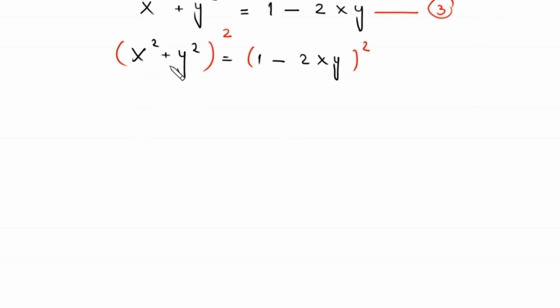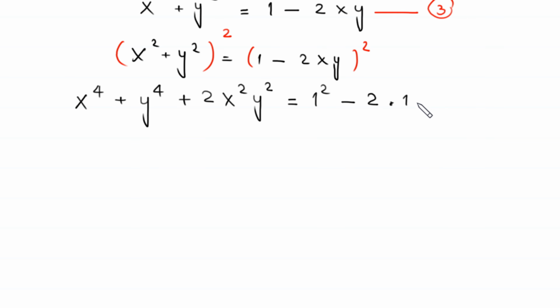This x squared plus y squared whole squared will become x to the power 4 plus y to the power 4 plus 2 times x squared y squared is equal to this 1 minus 2xy whole squared, which will become 1 squared minus 2 times 1 times 2xy plus 2xy whole squared.